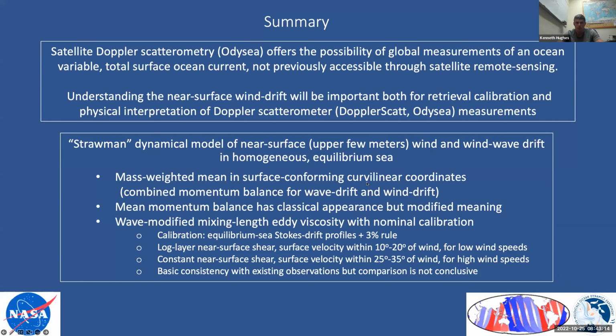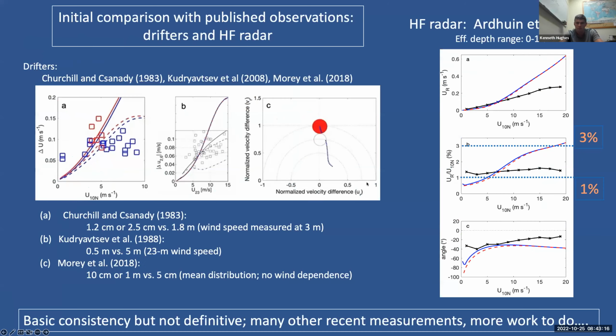Yeah, hey, Roger. This might be a similar question to what was just asked. Can you pull up that slide where you compared your model to Fabrice's observations? I can try. Yeah, this one. I was kind of surprised that, and I think you were saying that you weren't quite sure of the discrepancy beyond 10 meters per second winds in panel A in the top right.